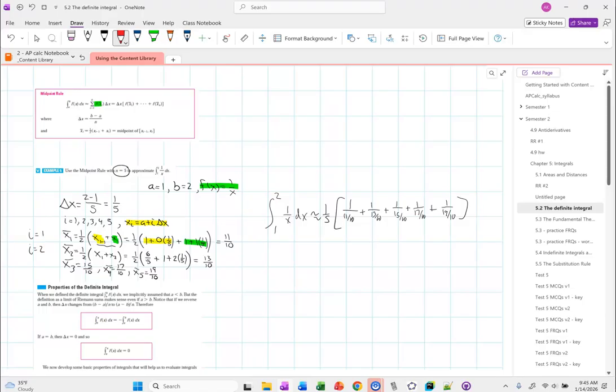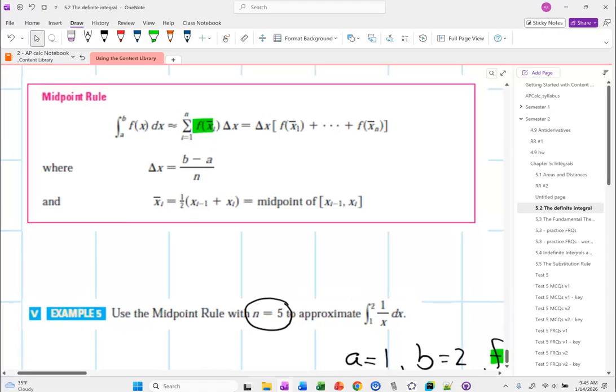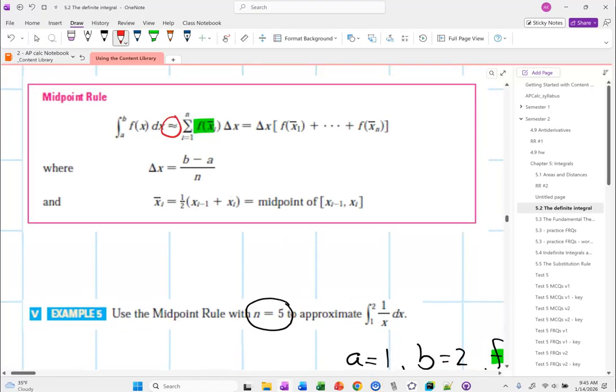Wait, so there's not a limit sign for this? Correct, because if you look at the formula, we're approximating. If you're approximating, there's no limit; you just take some number of rectangles, n rectangles, in this case 5 rectangles, and approximate the area with it.